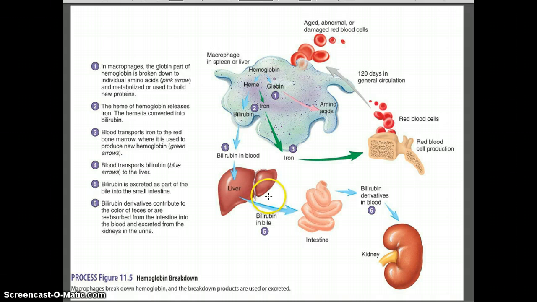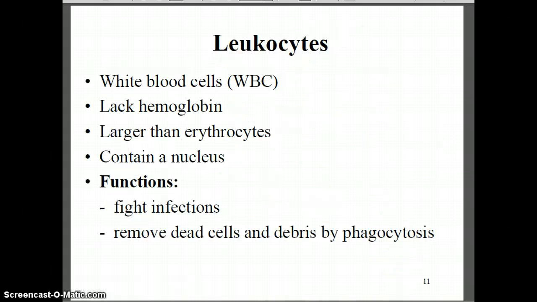You can see this diagram in your book. It shows you via pictures what I have just explained to you. Here is a macrophage from the spleen and liver starting the recycle, reusing process, and all of the organs here that are involved. Leukocytes are white blood cells, abbreviated WBC. They lack hemoglobin, therefore they are white. They're larger than erythrocytes.